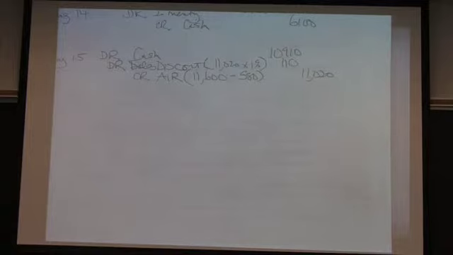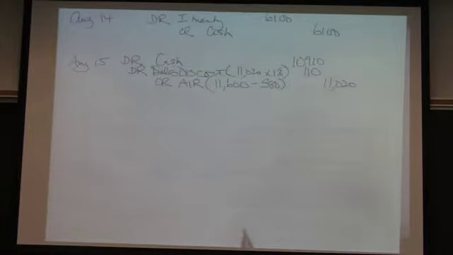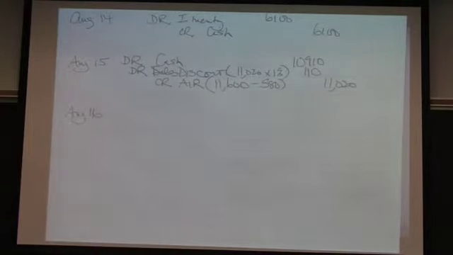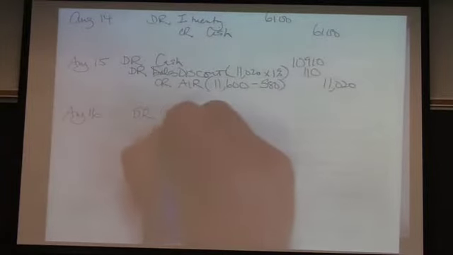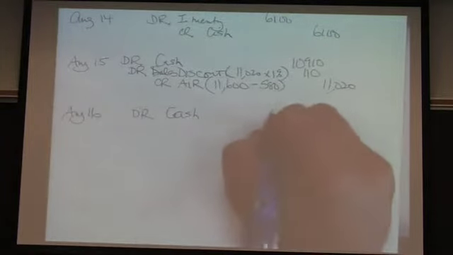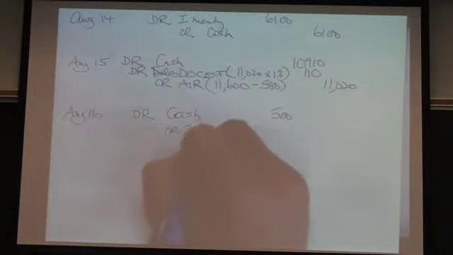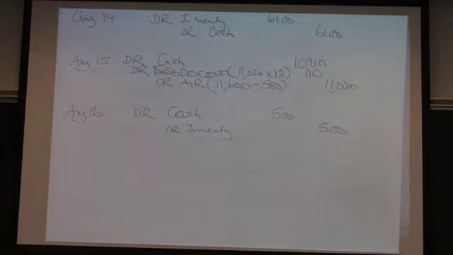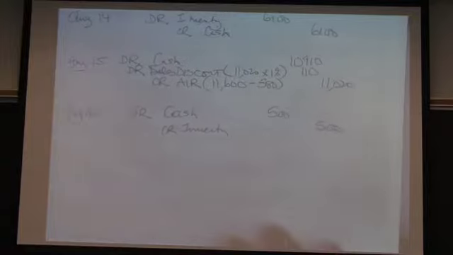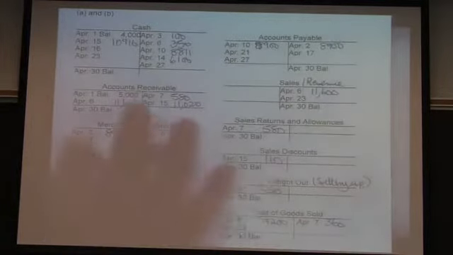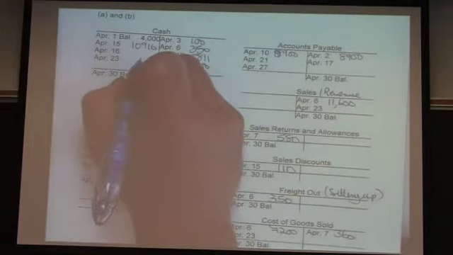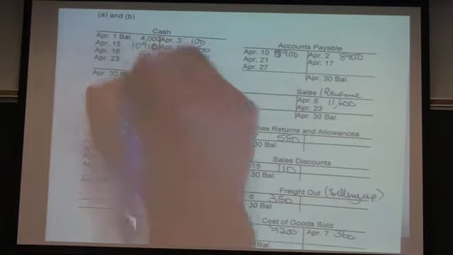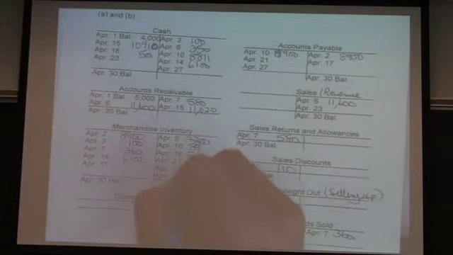So the entry there on the 16th of August is debit cash for $500 and credit inventory for $500. Because it's a perpetual inventory system, we credit the inventory account. So let's update our T account here. On the 16th, we've got cash of $500, and we're going to credit inventory of $500.